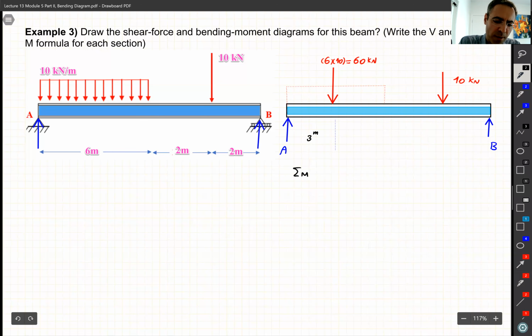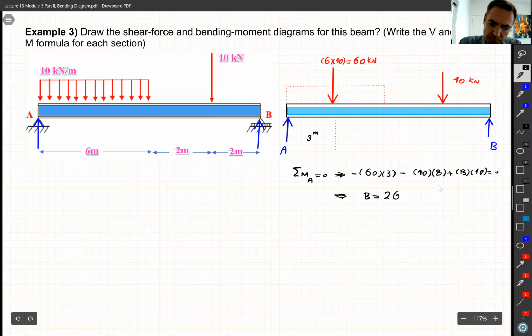We take the moment about point A equal to 0. So I have 60 multiplied by 3, and it is negative, minus 10 multiplied by 8, minus B multiplied by 10 equal to 0. And from here, I can find B. It gives me 26.